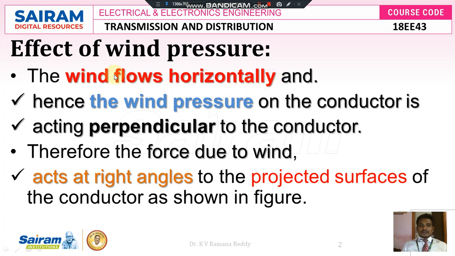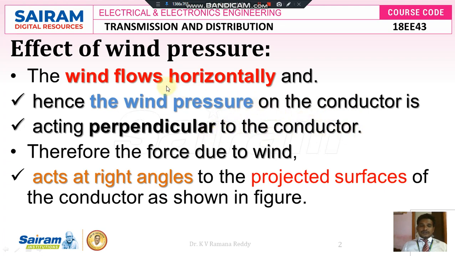The breezing wind touches the conductor which is perpendicular to the direction of wind, that means whenever wind flows horizontally, the wind pressure or wind velocity, minimum wind velocity is like 5 meters per second and maximum wind velocity is around 90 to 100 meters per second, acts on the conductor, perpendicular to the conductor.